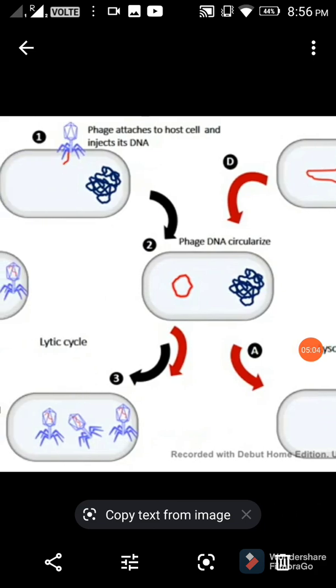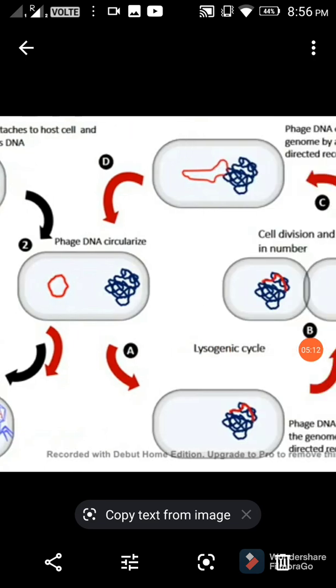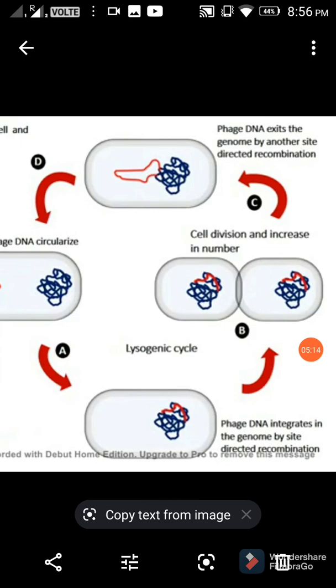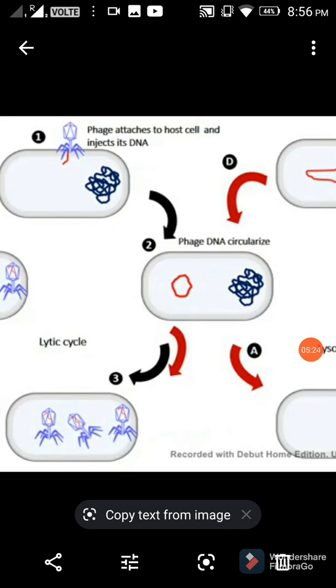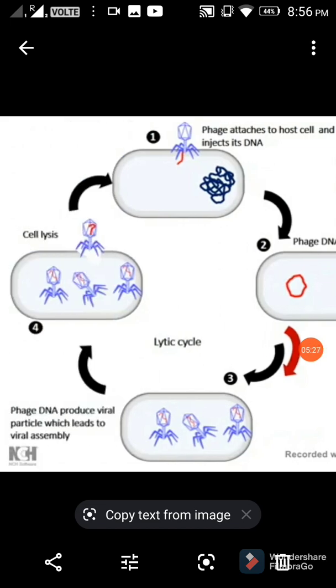And you can see this red arrow, it can enter the lytic cycle. So after it enters the lysogenic cycle and the cell redivides without causing any harm to the bacterial cell, it might again enter the lytic cycle.